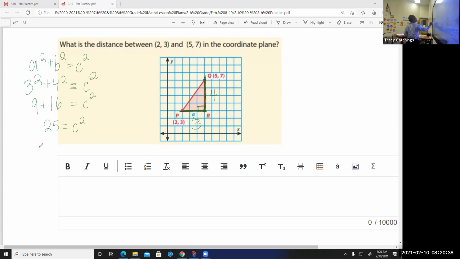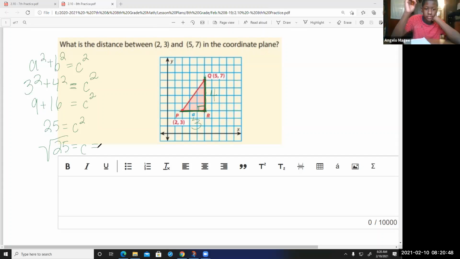So then we would take the square root of 25 to tell us C, and the square root of 25 is what pattern? 5. This is one of your common Pythagorean theorems. A triangle with 3, 4, and 5. I know we've had a problem with 3, 4, and 5 on Monday as well as Tuesday. Any questions about what we're doing?